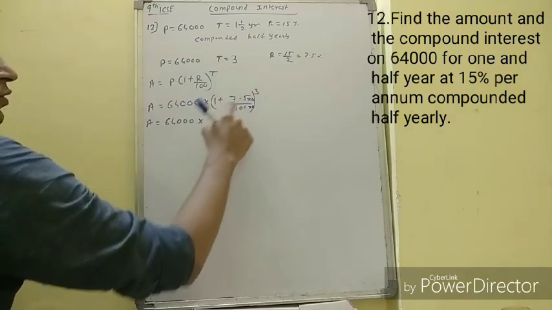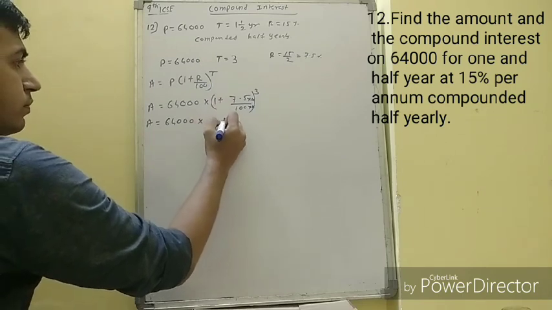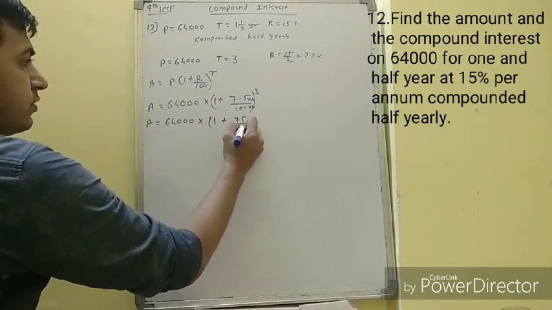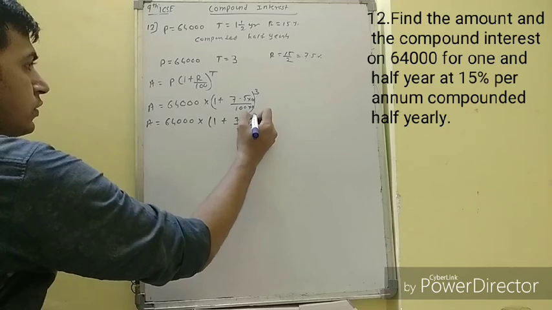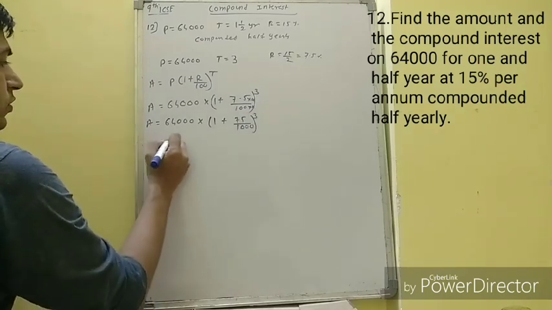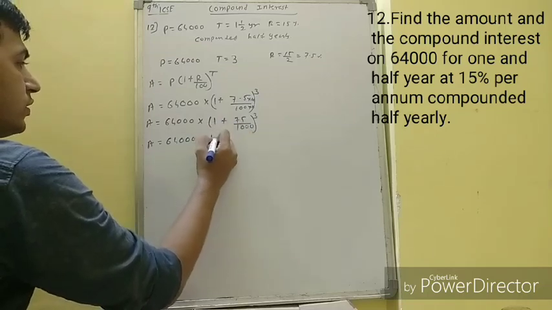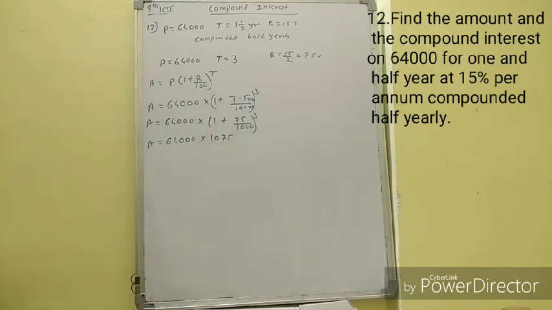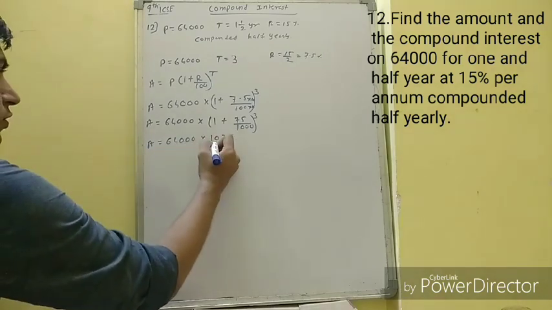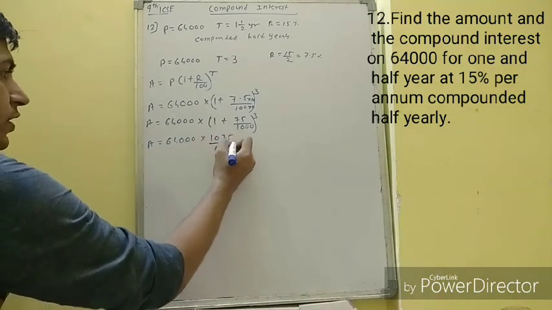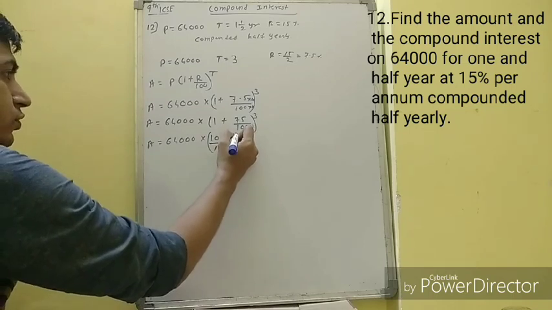I will multiply by 10 to the numerator and denominator. So it will be 1 plus 75 upon 1000 raised to 3. So the amount is equal to 64,000 multiplied by 1075 upon 1000 raised to 3.